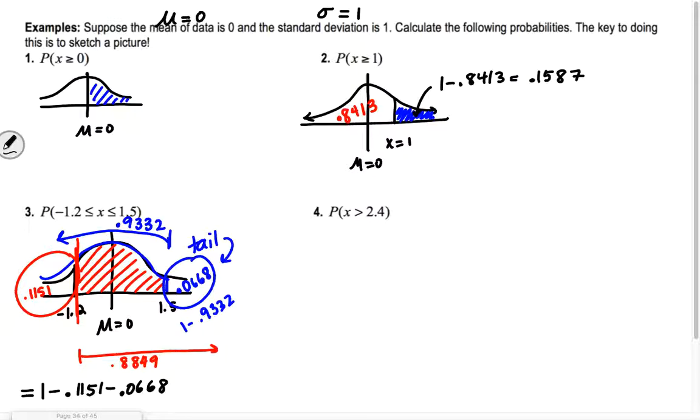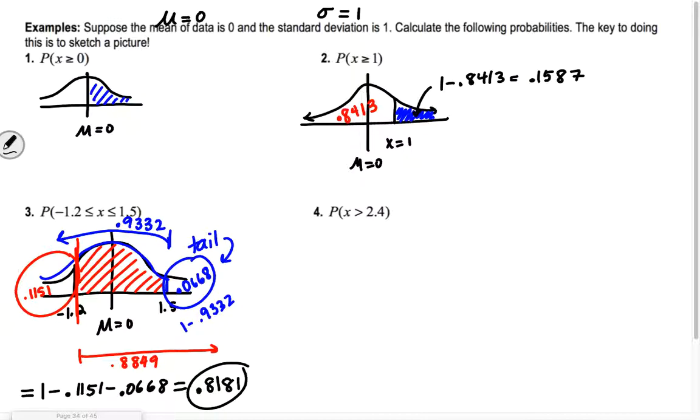We do 1 minus 0.1151 and also minus 0.0668. Okay, that's the only one that I think you'll need your calculator on. But you could probably do it off to the side too. 0.8181 is the answer. Okay, does that make sense?